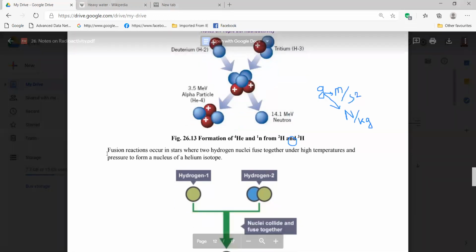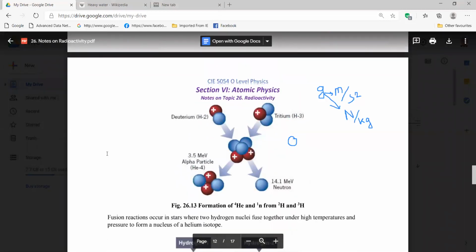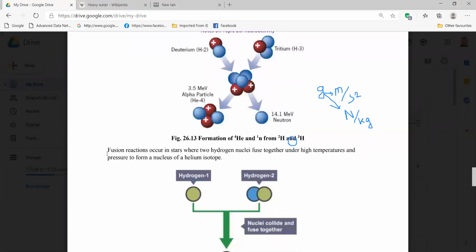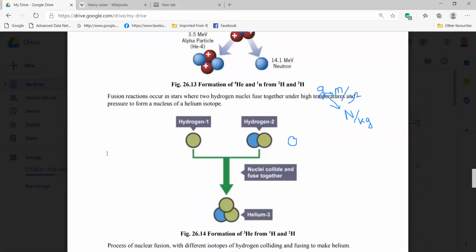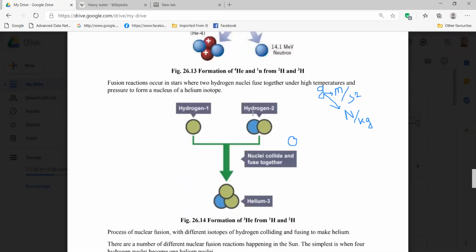The fusion you got before was deuterium and tritium. Now you can also get fusion this way: hydrogen-1 and hydrogen-2. How many protons here?